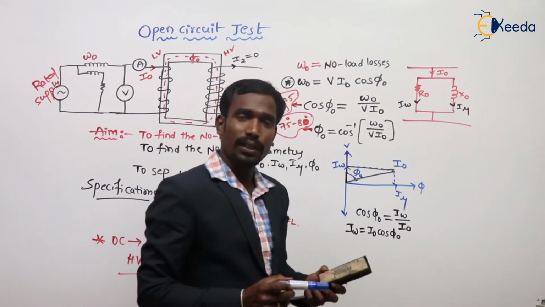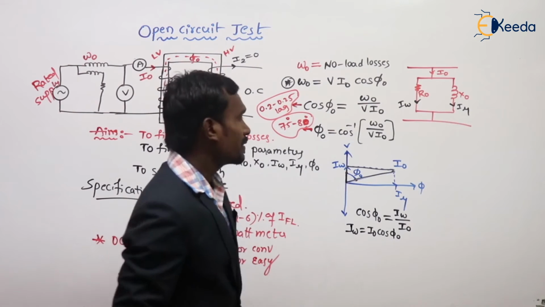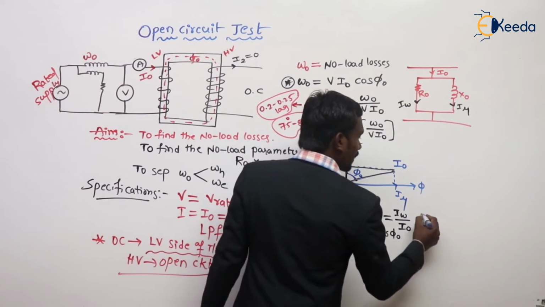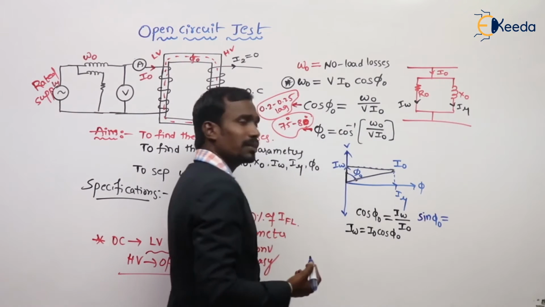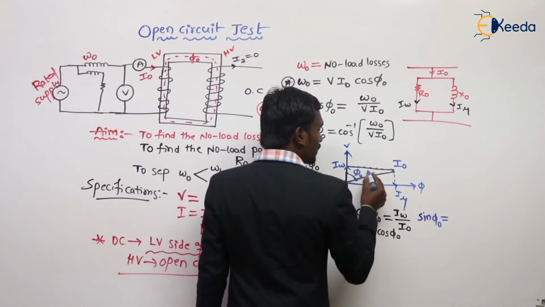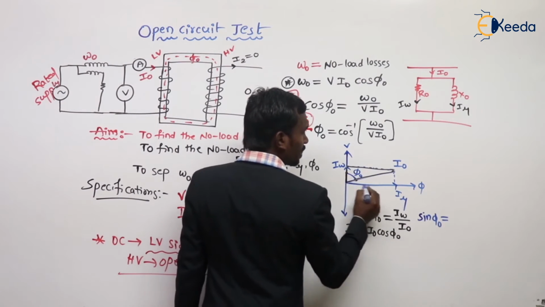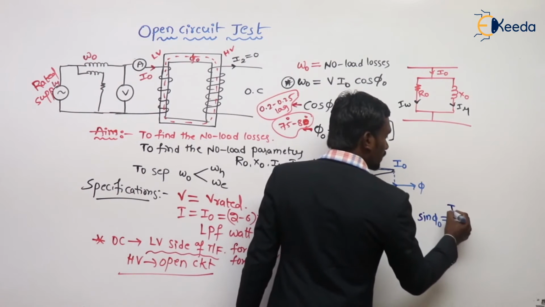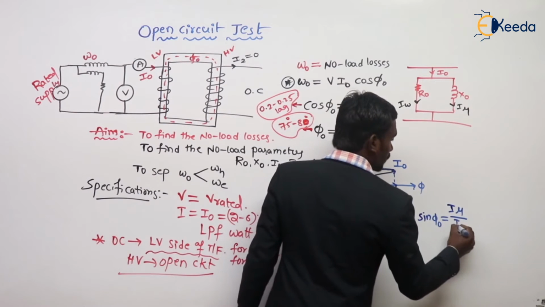This is also an important thing. Similarly, take sin phi naught, which is equal to opposite by hypotenuse. What is the opposite side? The opposite one is nothing but I mu. So opposite side is I mu and hypotenuse is I naught.